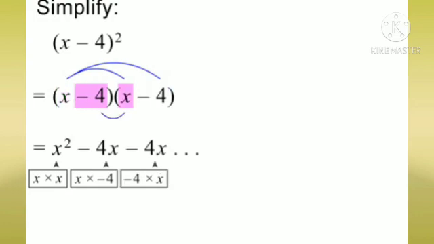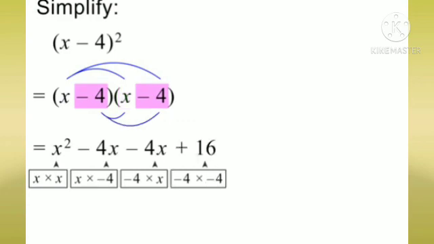Minus 4 times x equals minus 4x. And then the last terms. Minus 4 times minus 4 equals plus 16. We then need to add the like terms. Minus 4x minus 4x equals minus 8x. So the answer is x squared minus 8x plus 16.